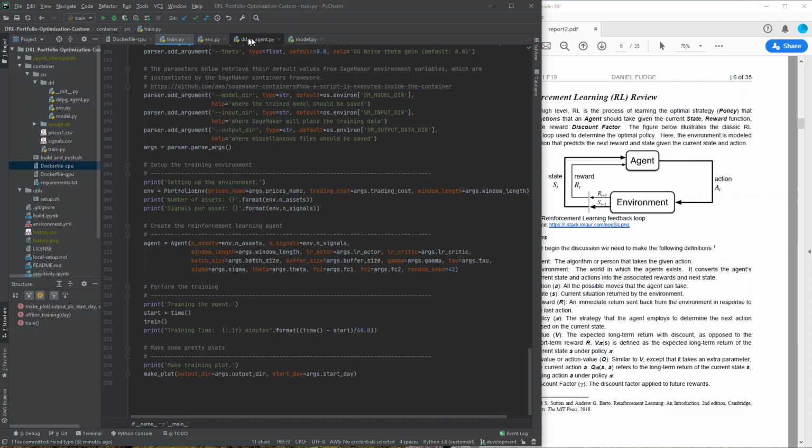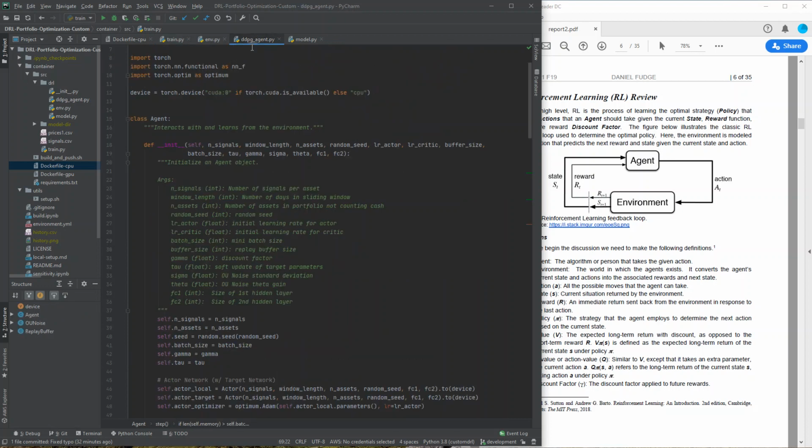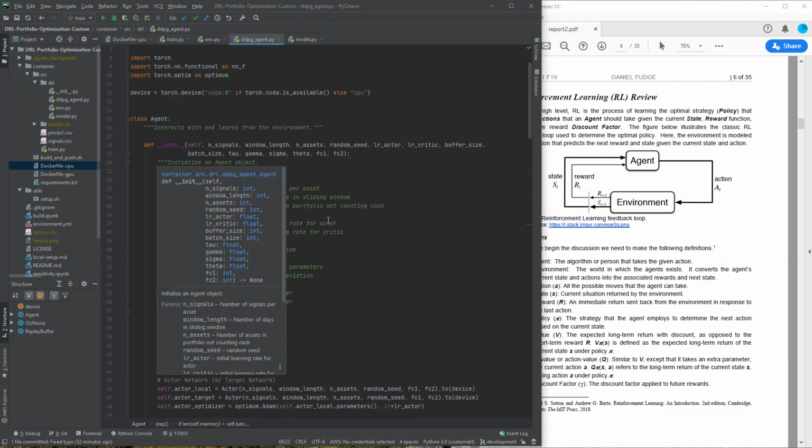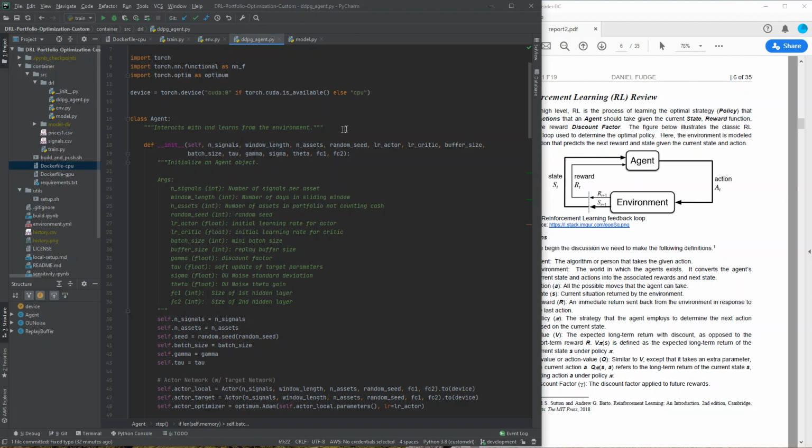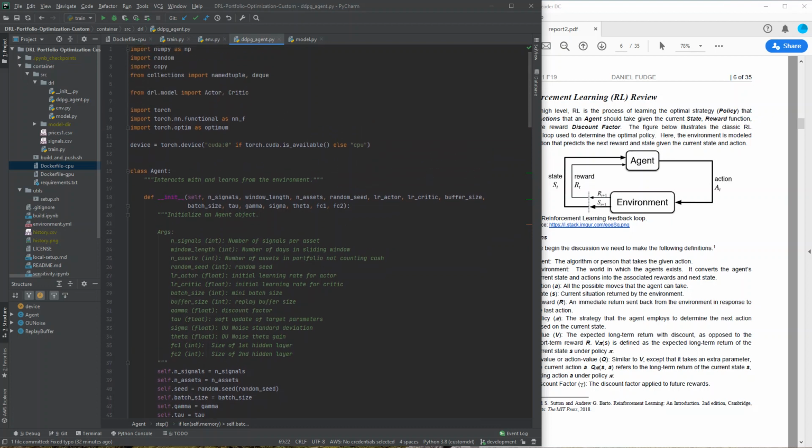And this one is a DDPG, which is a deep deterministic policy gradient agent. These are details, and I'm not going to go through the code here because I think it's beyond the scope of this particular video. But basically, what you need to know for this particular reinforcement learning agent is that we have an actor which actually decides what to do. Then we have another model, the critic, that says, well, how well did they do?